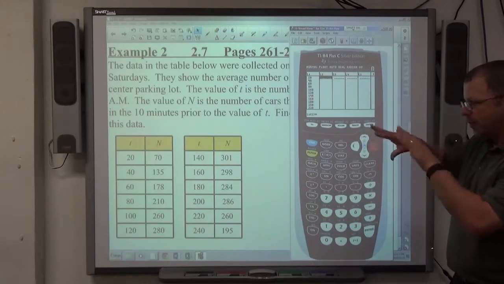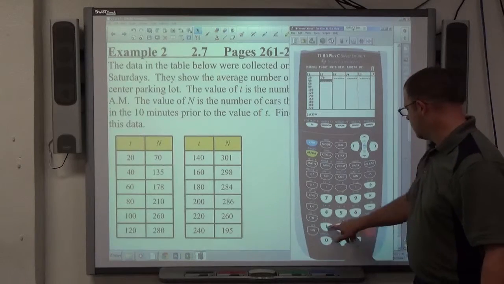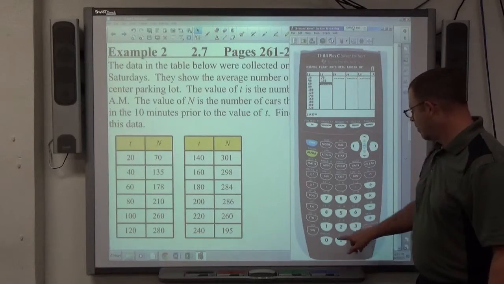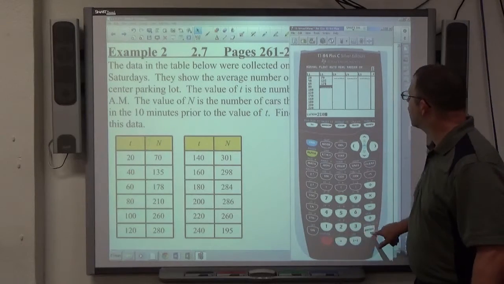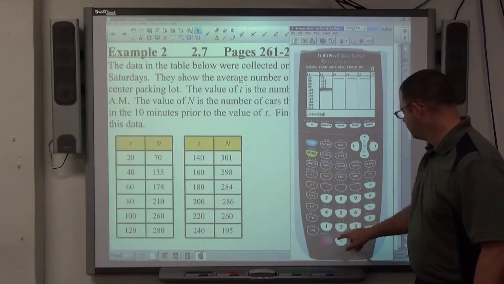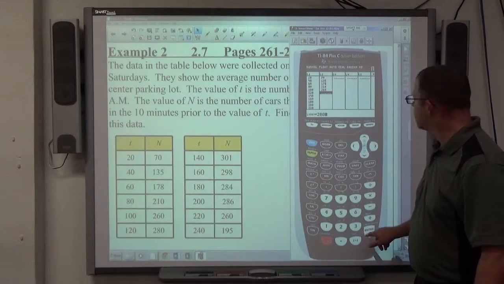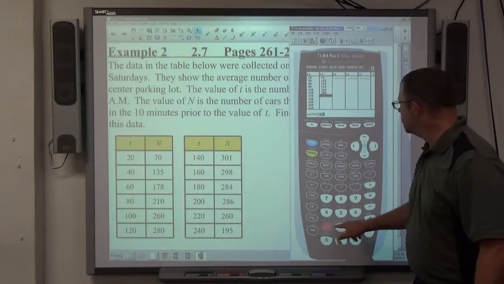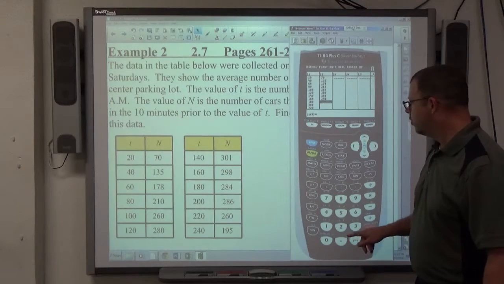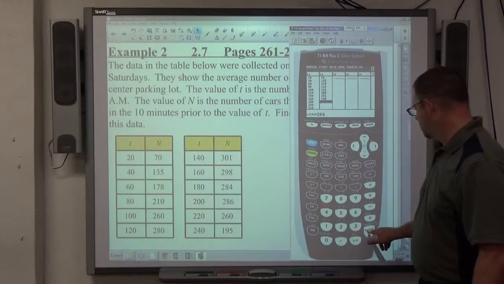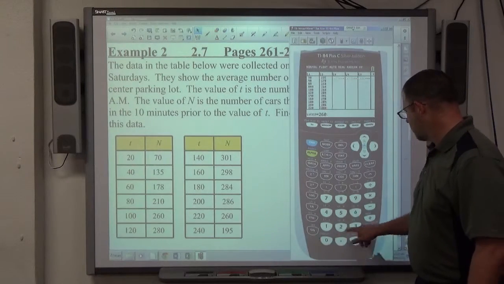L2 is more sporadic, so I'm going to make sure each number is typed in correctly: 70, 135, correct, 178, correct, 210, correct, 260, correct, 280, correct, 301, 298, 284, 286, 260, and 195.